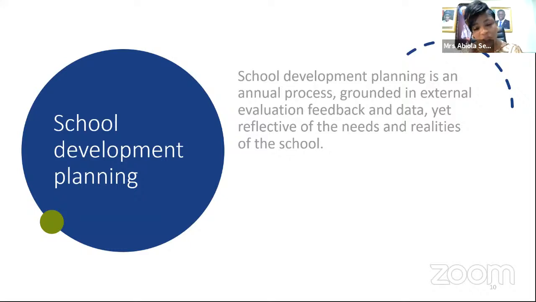So someone externally, in this case being the OEQA, or for some of you that have international accreditation, it could be those international bodies telling you this is where your school is against international best standards, right? And it's objective, and it is not based on whether an evaluator likes you or not.